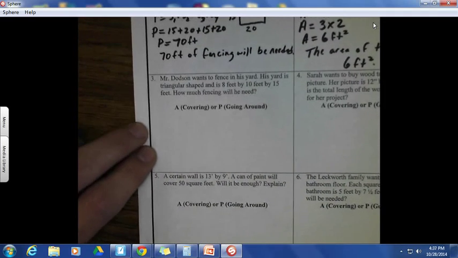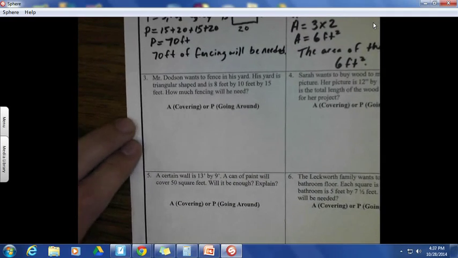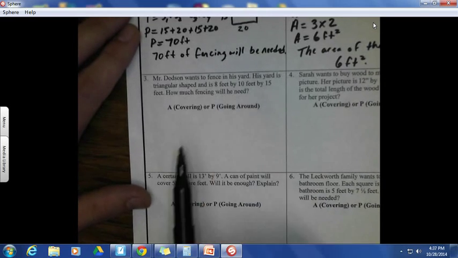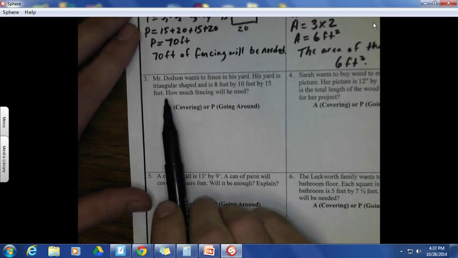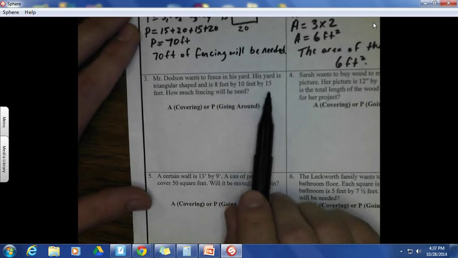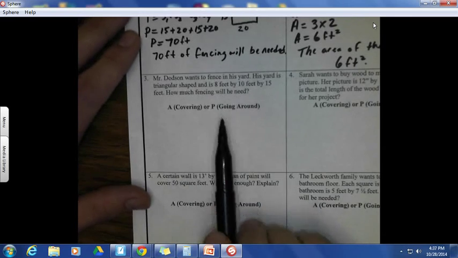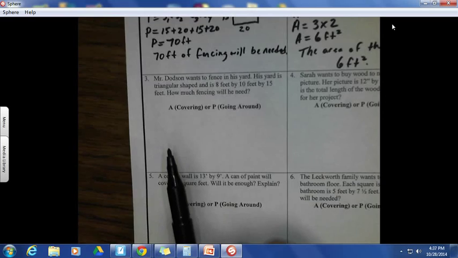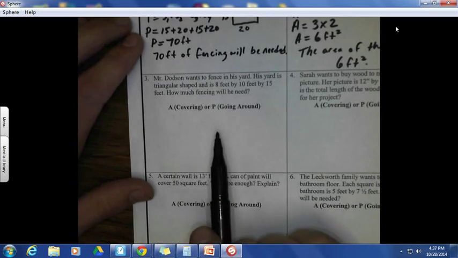Alright, number 3. Mr. Dodson wants to fence in his yard. His yard is a triangular shape and is 8 feet by 10 feet by 15 feet. How much fencing will he need? Now again, first thing you think of, are we covering or are we going around?